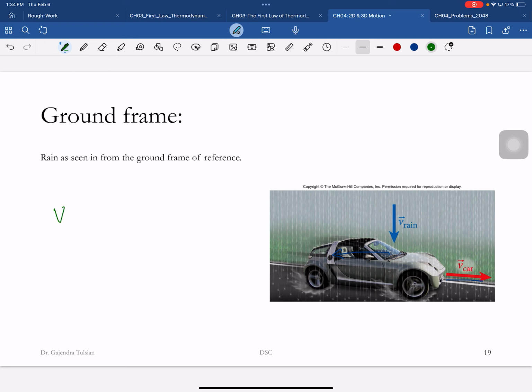Velocity of the rain with reference to car, that's what we're interested in. We just saw velocity of rain with reference to ground plus velocity of ground with reference to car. Now, velocity of car with reference to ground is like that, and the ground with reference to car is going in the opposite direction.